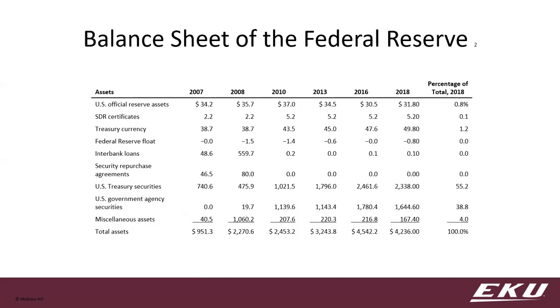And the next couple of slides are just to show you the balance sheet of the Federal Reserve over time. So this is to show the types of assets that they held. And if you notice, there was a big increase from 2007 to 2008. This is when the Fed took a very active role to get us through the financial crisis, and the Troubled Asset Relief Program, or TARP, happened then as well.